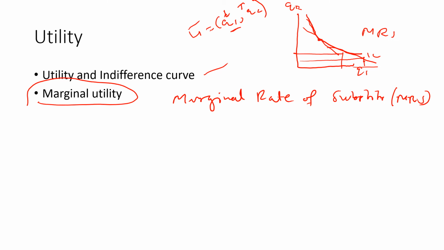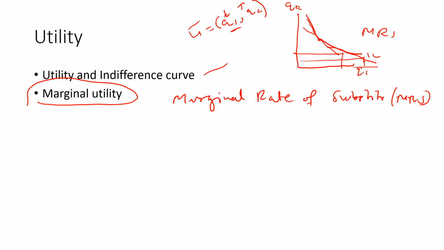Now, because it is the maximum amount of one good that a consumer will sacrifice and trade in order to obtain another good, an individual willing to trade one good for more of another good will cause the downward slope of this indifference curve.